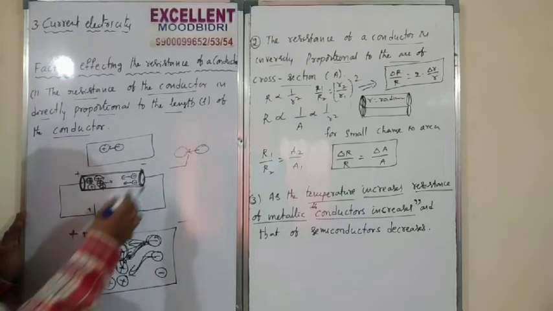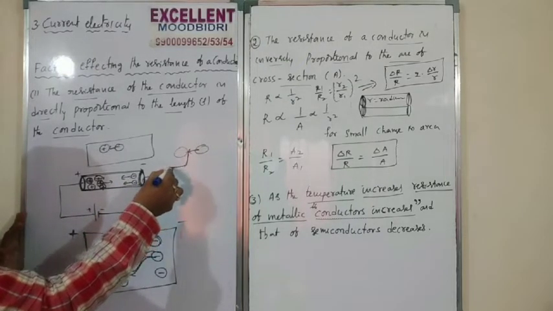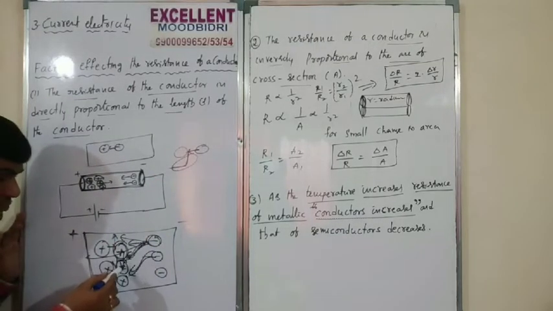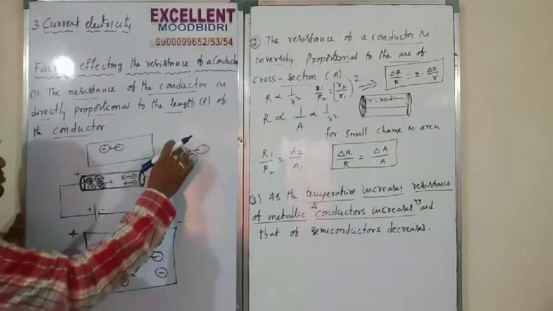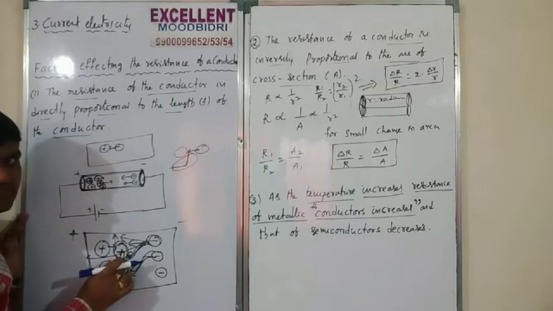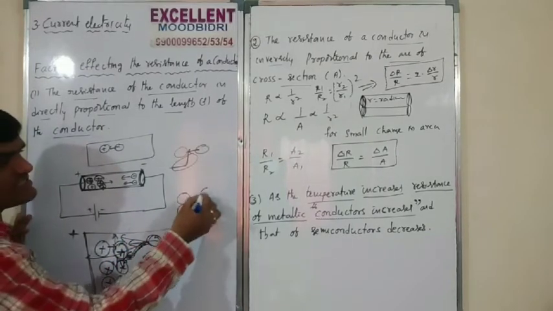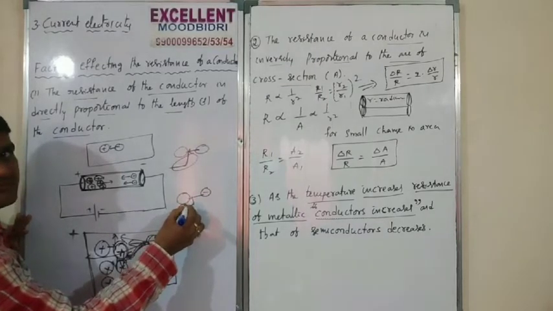So the relaxation time: it can hit, again go, again hit. But here the relaxation time is more compared to this one. Here more, here very less. Why? Because here is a particle, this is the electron. The electron can hit, again come, again hit.